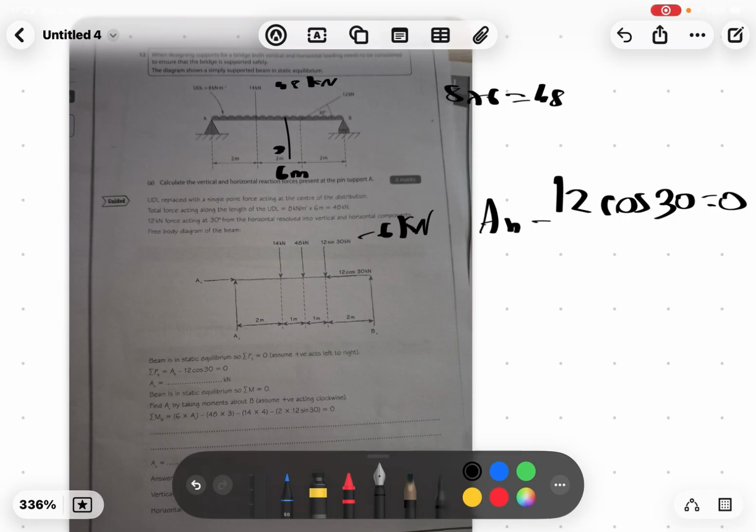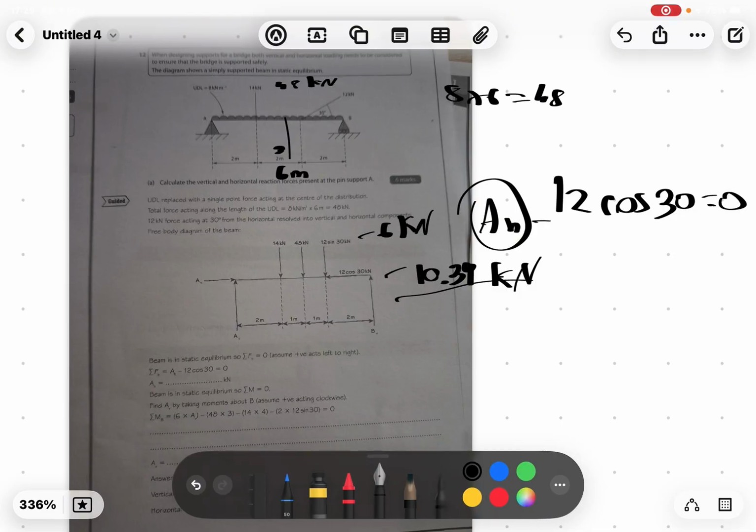And because this equals 10.39 kilonewtons, they're the same. So A also equals this.